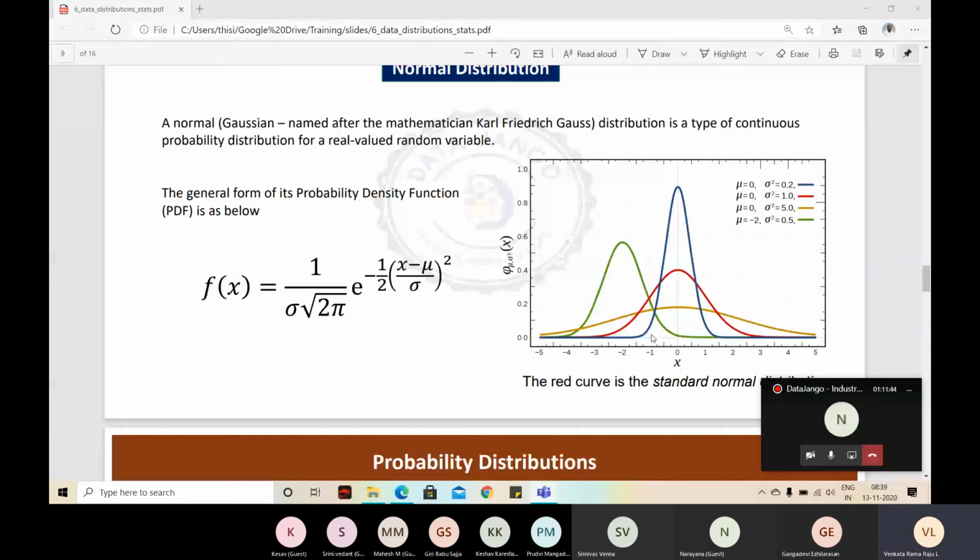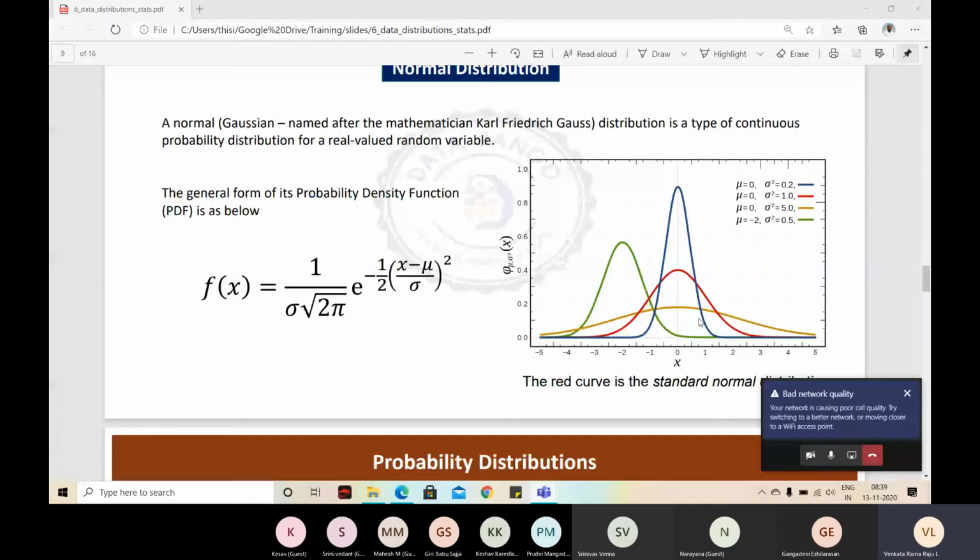For this blue line, the mean is 0. For the red line, the mean is also 0. But when you see the 3 graphs, one is very spread out, another is spread close, and the third is in the middle.